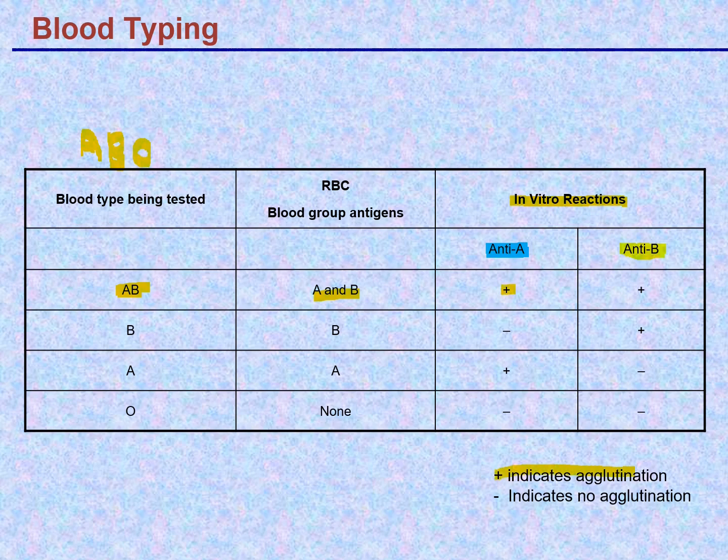Positive indicates agglutination, and you will get agglutination in both tubes, the anti-A and anti-B containing tube. If the person is B, they have B on the surface of their cells, anti-A will not agglutinate, no agglutination, but the anti-B added to the cells will cause agglutination.